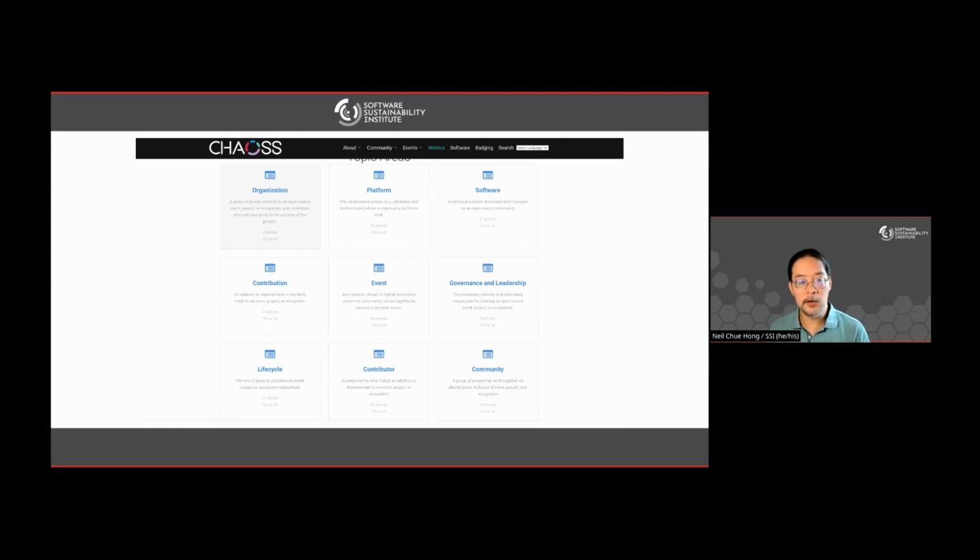So the way that CHAOSS works is that it has a number of different contributors from all around the globe, most of them working on very large open source projects. And they talk about how to define metrics for a number of different categories. So you'll see some of the ones listed on this slide are around things like community metrics, where they're looking at how you measure the people who are working together and how well they share goals, for instance, or things like governance and leadership, so how are decisions taken.